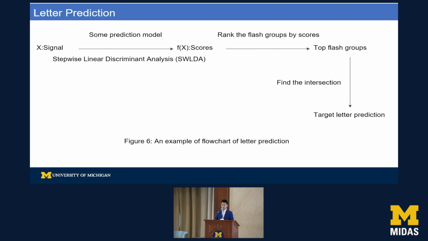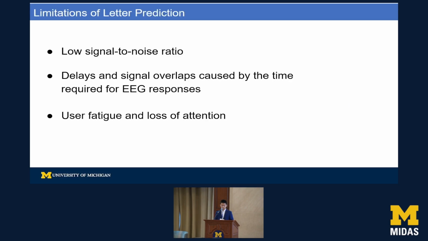The flash groups here are the key sets I mentioned earlier, like rows and columns. After that, we can rank those flash groups by their scores. So we have the top rows and top columns, which means we have the top flash groups. Then we just find the intersection of those flash groups, and that will be our target letter prediction. So it sounds pretty simple and pretty nice, right?